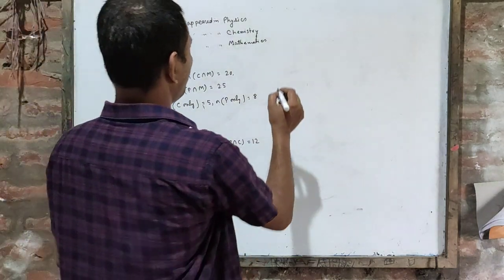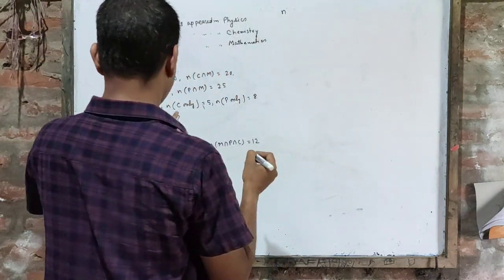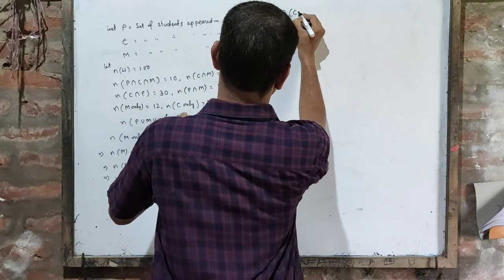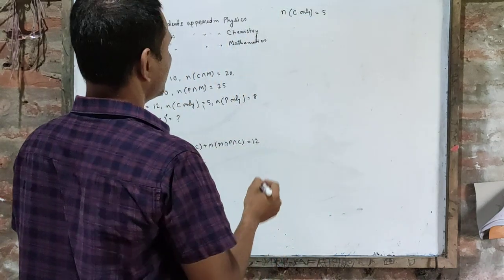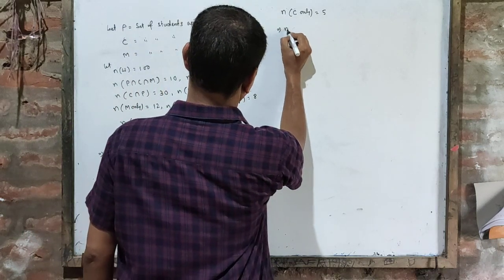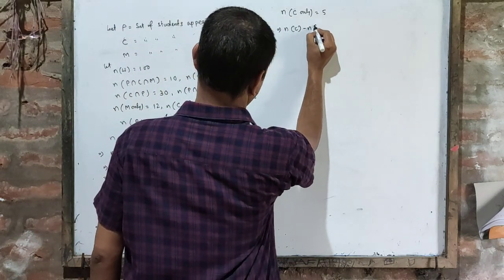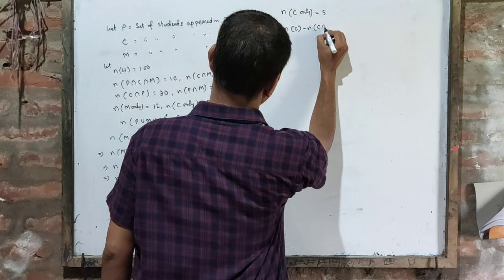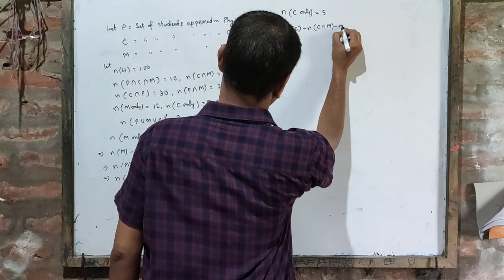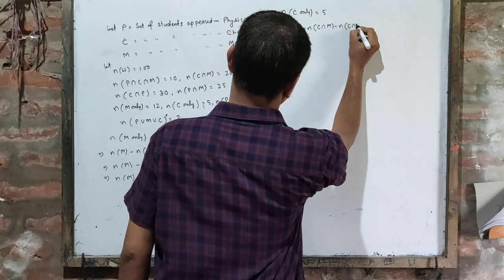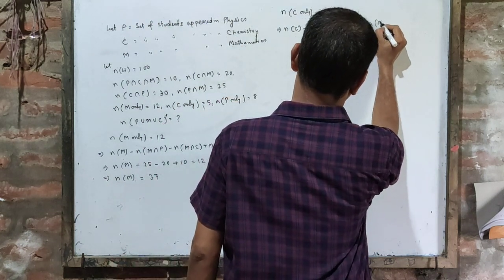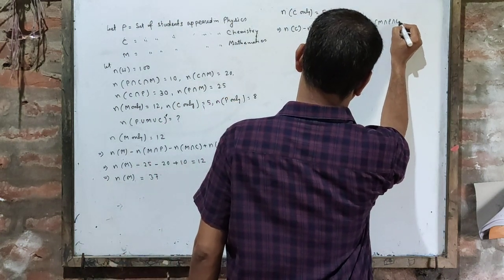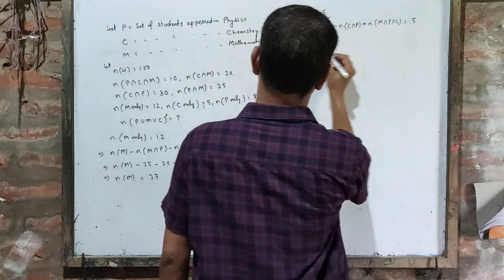Alright. Similarly, you find N of C. N of C only is given to be how much? 5. You put the formula here. N of C minus intersection of C with the rest two sets, C intersection M minus N of C intersection P, plus intersection of the three sets M intersection P intersection C is equal to 5.